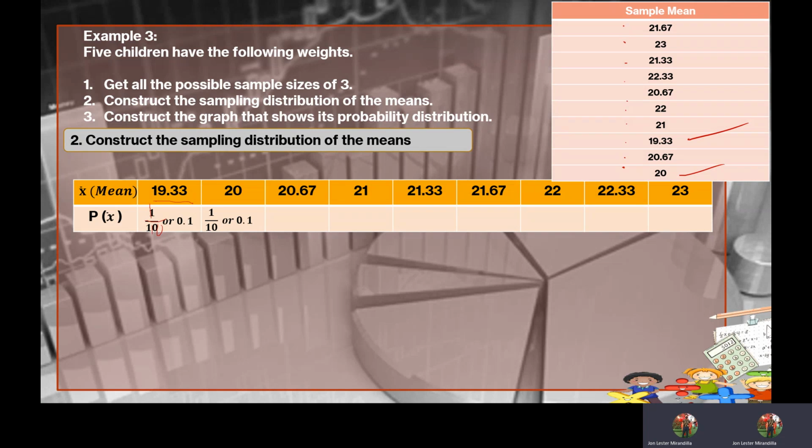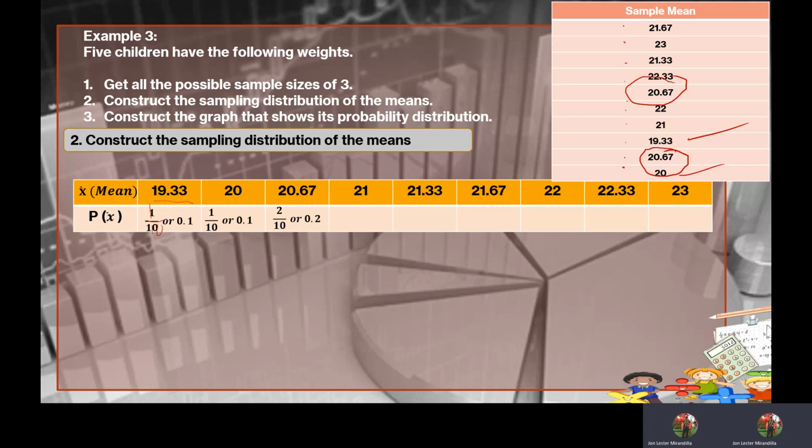Tama? How about the probability of getting the mean of 20.67? So kung makikita nyo dito, dalawang beses nag-occur si 20.67. Therefore, the probability of getting mean of 20.67 is 2 out of 10 or 0.2.